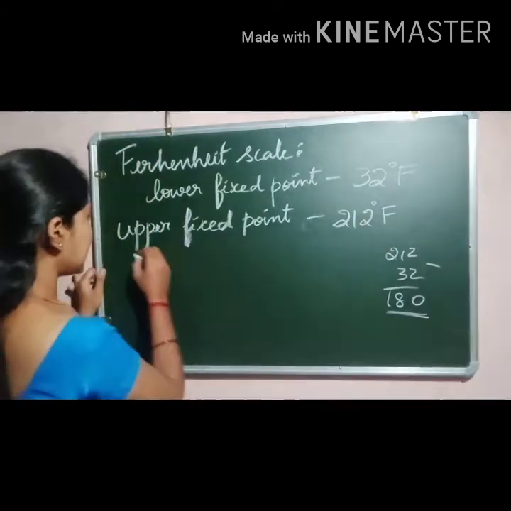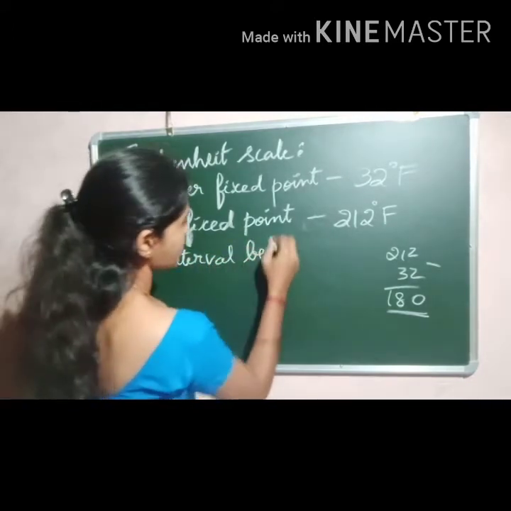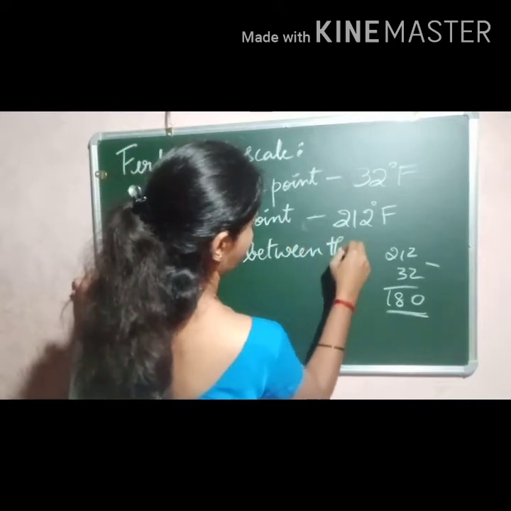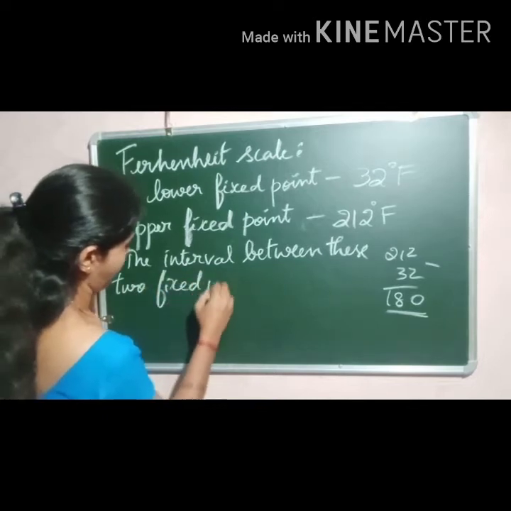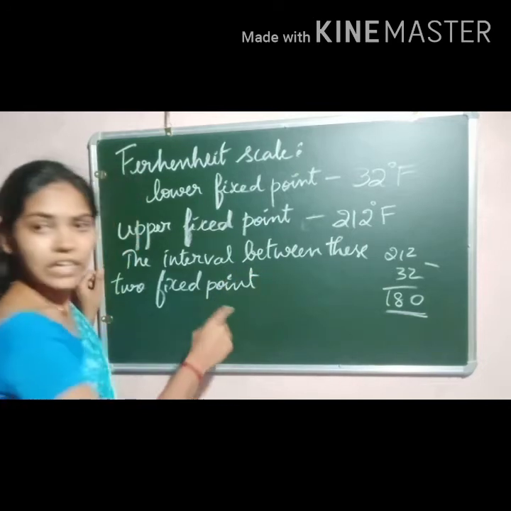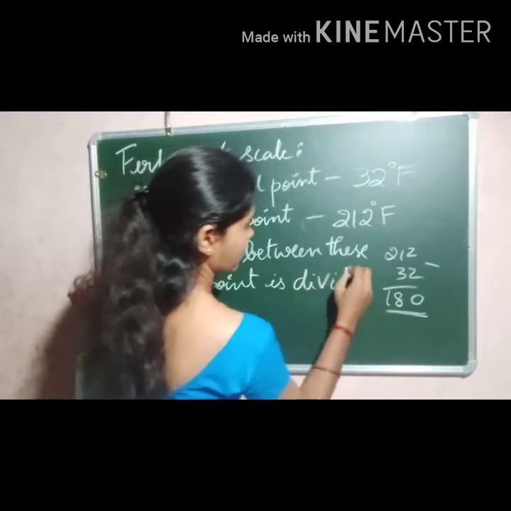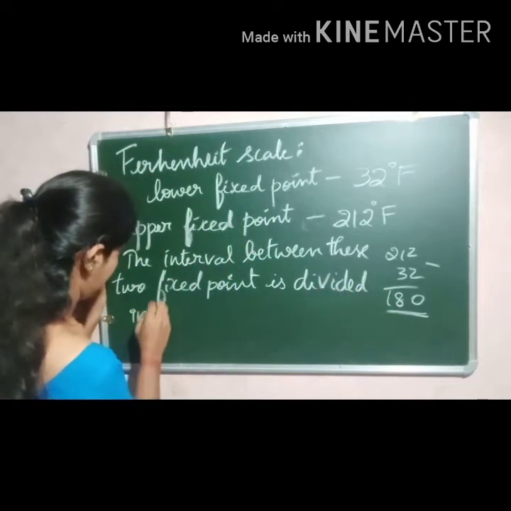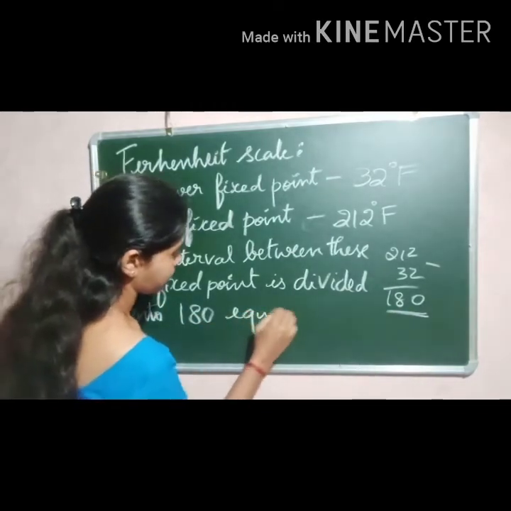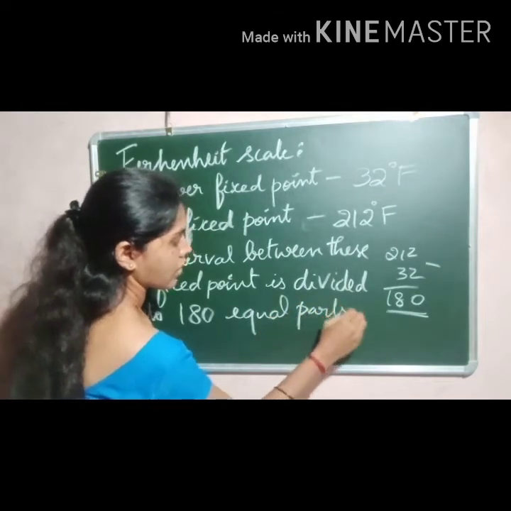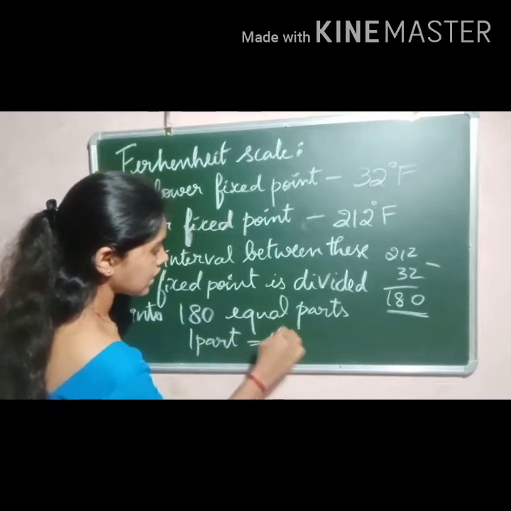So the interval between these two fixed points is divided into 180 equal parts, and one part is equal to 1 degree Fahrenheit.